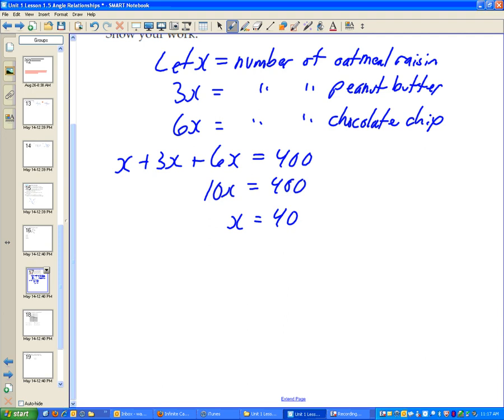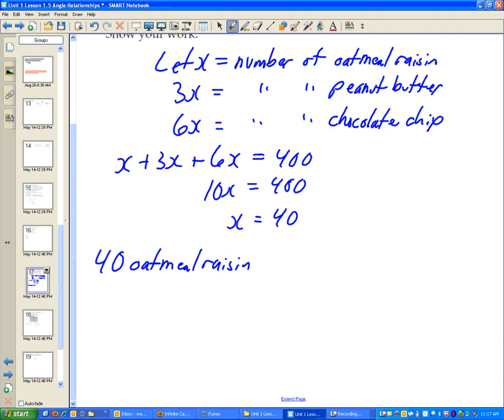So, if X is the number of oatmeal raisin, and X equals 40, that means we have 40 oatmeal raisin cookies. 3X is the number of peanut butter. Now that we know X is 40, what's 3 times 40? What's 3 times 4? 12.